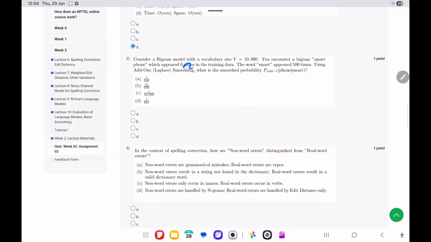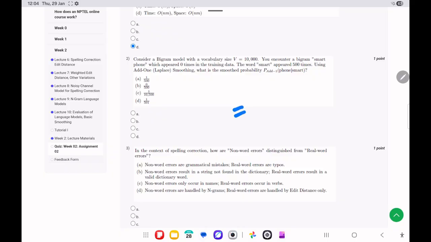Smartphone appears 0 times. So the probability of phone given smart means you have to calculate the count of smartphone divided by the count of smart. In the formula, additionally we will have the vocabulary term.